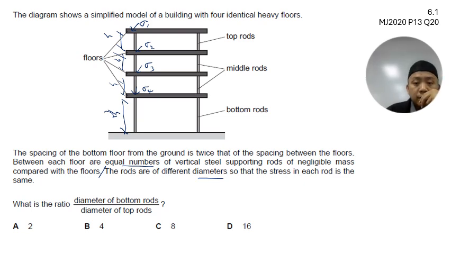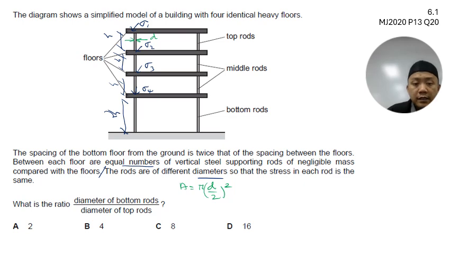So the rods are of different diameters in order to ensure that the stress in each rod is the same. That means the diameter of rod number 1, you can label the area as A equals pi d over 2 squared.